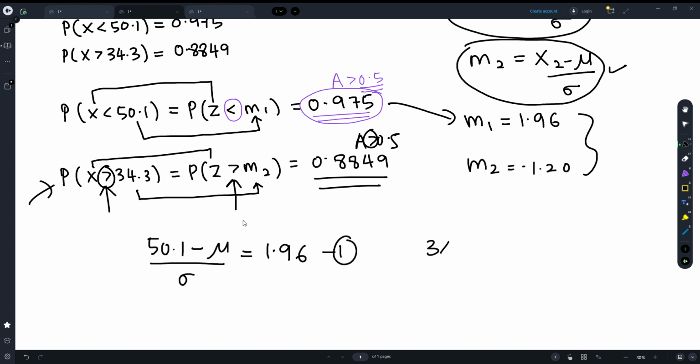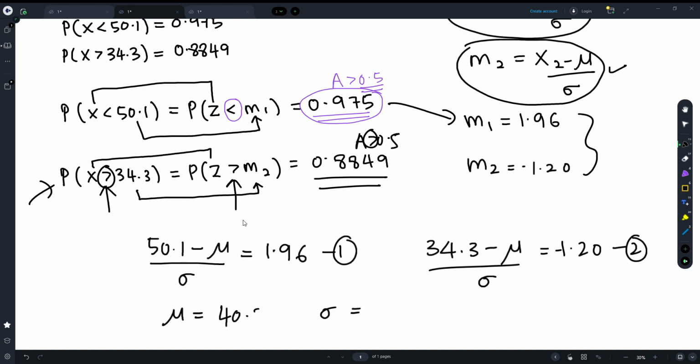My second, X2, is 34.3, minus the mean, over the standard deviation, is equivalent to negative 1.20. This will be my second equation. Do simultaneous linear equations, and solve for the mean and then the standard deviation. Your mean will be 40.3 as you do the solution, and your standard deviation will be 5. As simple as that, boys and girls.